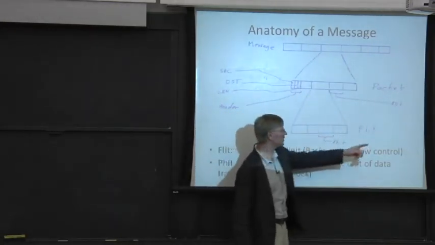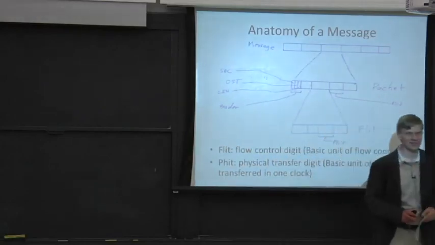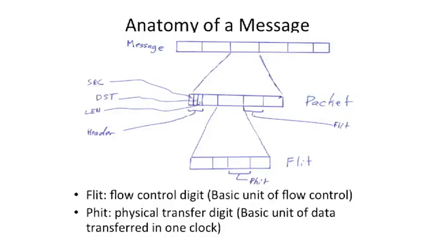And we're going to introduce an interesting term here, flit. Now this is a term actually that was coined by, I believe, Bill Dally, who's now a Stanford professor, who did a lot of work in message passing and other types of parallel computers. A flit is a flow control digit. It's kind of like a bit, but it's the flow controllable unit.